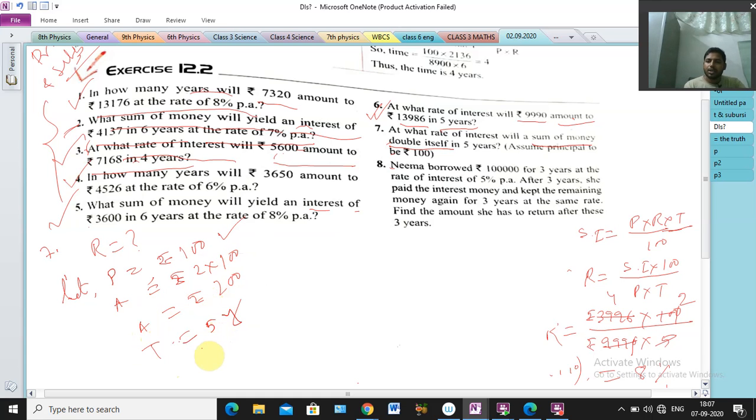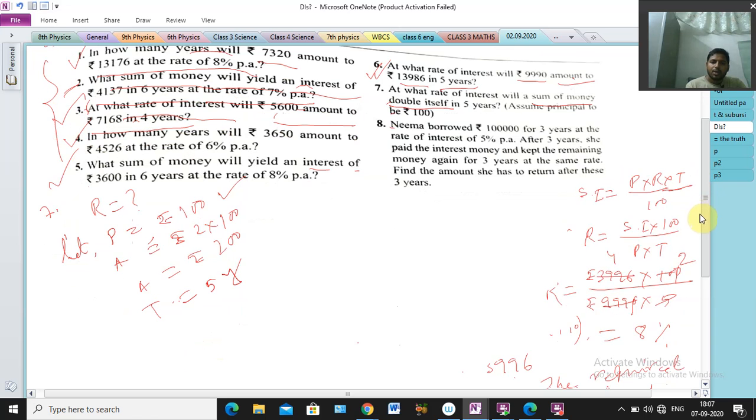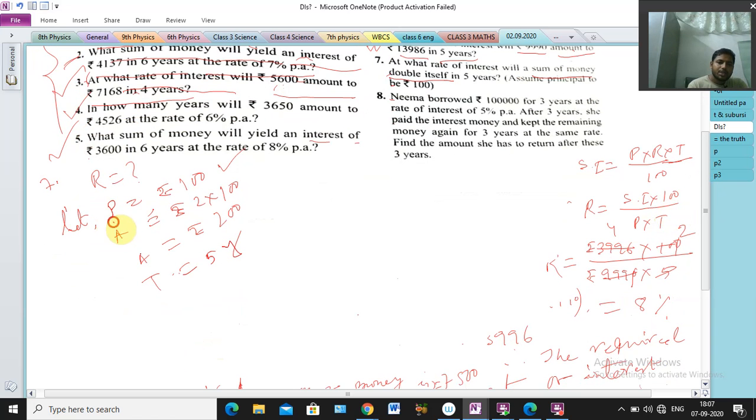Okay, these are the things. So from here we have to find out the rate of interest. Okay, clear? Okay, now see, principal 100 rupees and amount 200 rupees. That means we can find out, sir, SI, sir. Yes, sir, SI formula what? Amount minus principal. So that means rupees 200 minus rupees 100. Okay, 200 minus 100, that means SI we are getting 100 rupees.